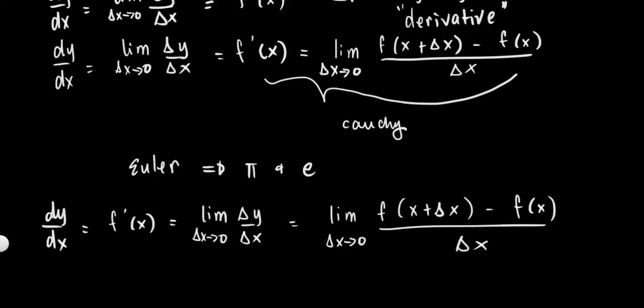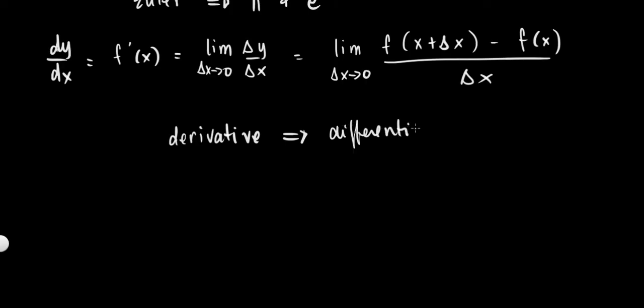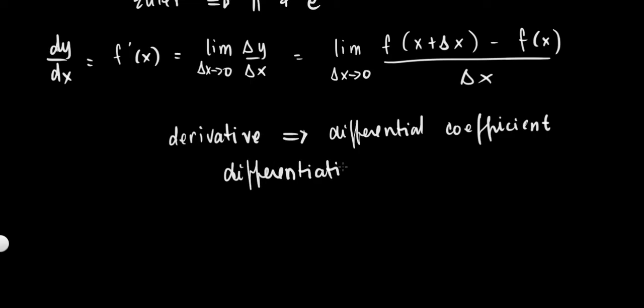First principle. Okay. Now, the derivative is also known as differential coefficient. And the process of finding the derivative or finding the differential coefficient is called differentiation. Differentiation. Okay.